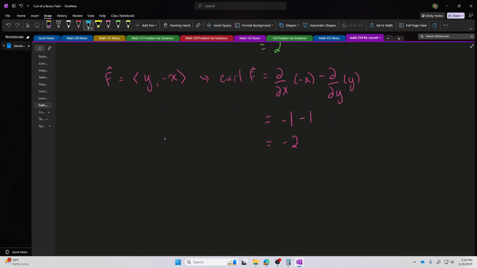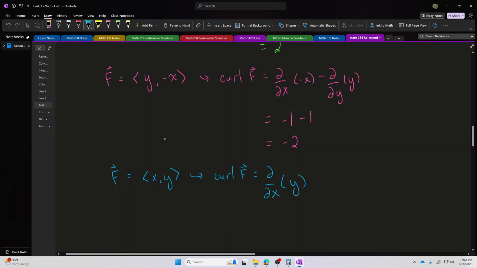If we do this calculation for the vector field x comma y, then the curl of that vector field would be the partial derivative of the second component with respect to x minus the partial derivative of the first component with respect to y.